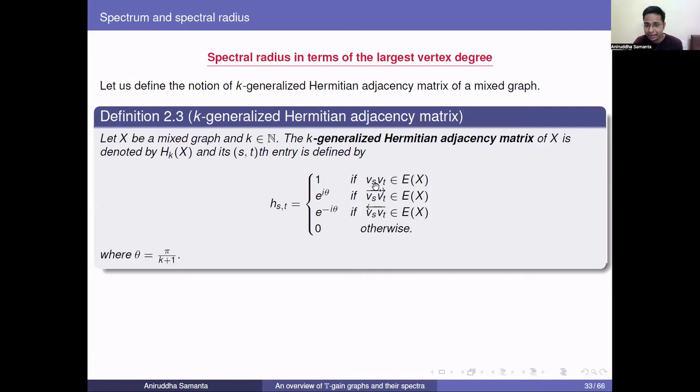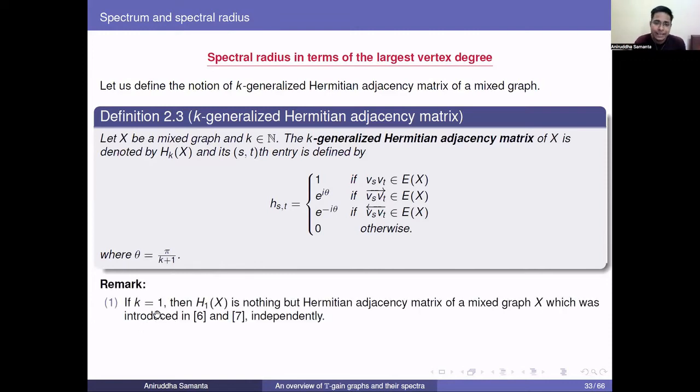If there is an undirected edge between the vertices v_s and v_t, then the st-th entry will be 1. If the direction is from v_s to v_t, then the st-th entry will be e to the power iota theta, and if from v_t to v_s, then it is e to the power minus iota theta, and 0 otherwise. Here theta is pi by K plus 1.